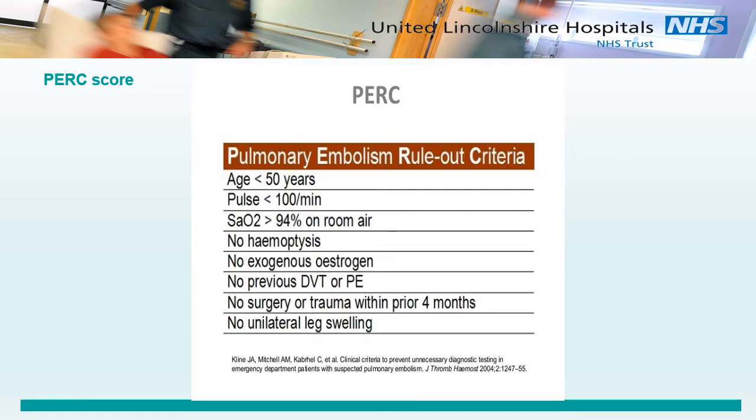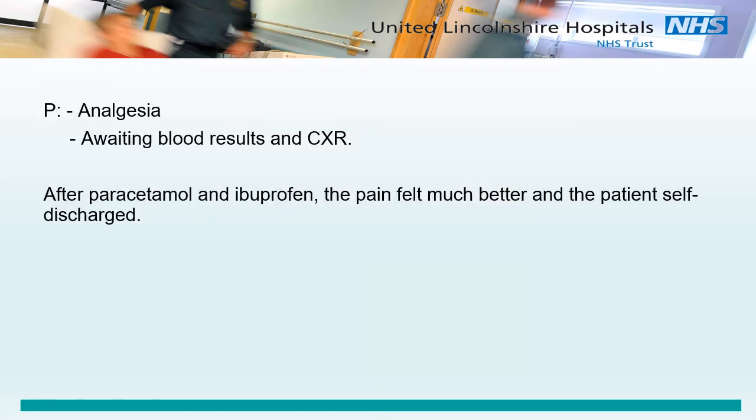So that patient most likely had musculoskeletal pain and can have some pain management. After waiting for the blood results and chest X-ray, which came back fine, the patient had some paracetamol and ibuprofen, felt much better and self-discharged.